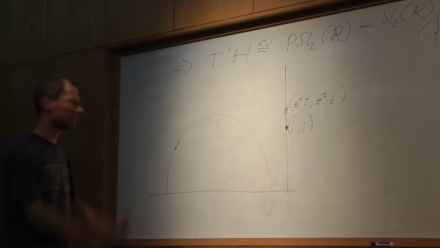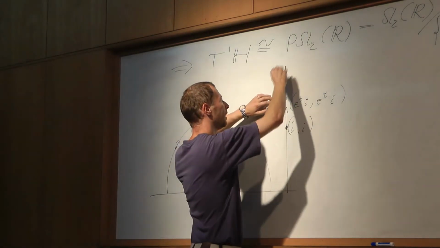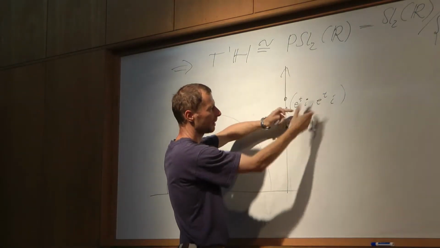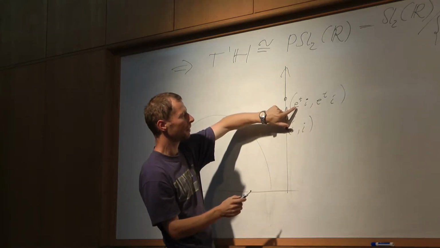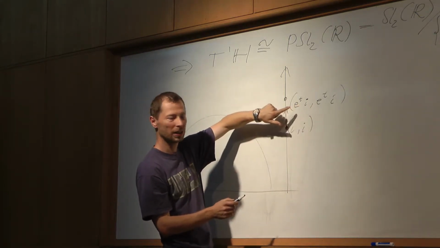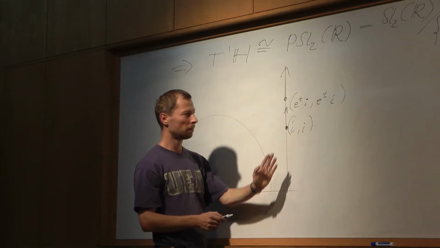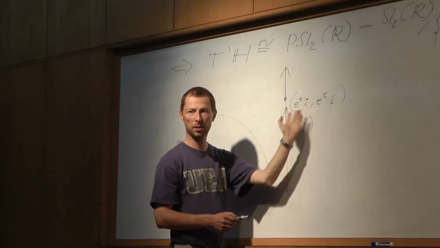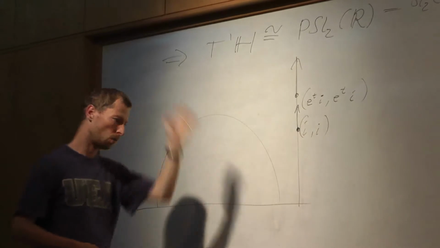It doesn't matter, this is the simpler choice. By calculating the length along such a path, you realize that this is the unit speed parametrization of this geodesic, e^t times I. That's the unit speed parametrization of the geodesic going through the y-axis.